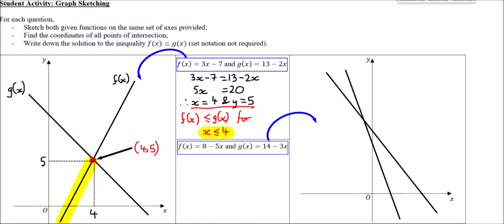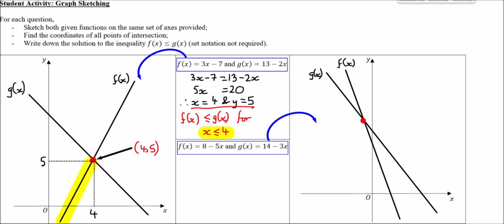So we just need to label on which ones we're talking about. So the steeper one is f of x. So let's label this f of x first of all. Whereas this other one is g of x. So let's find this coordinate here, where one is equal to the other.